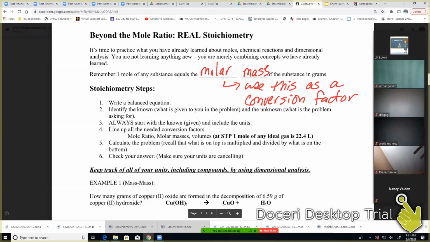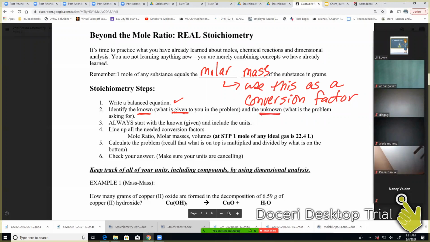So our steps that we're going to work with, we're going to write a balanced equation. That's usually probably going to already be done for you. You need to identify your known. And remember, that's what's given to you in the problem. That's going to be what has the number attached to it.